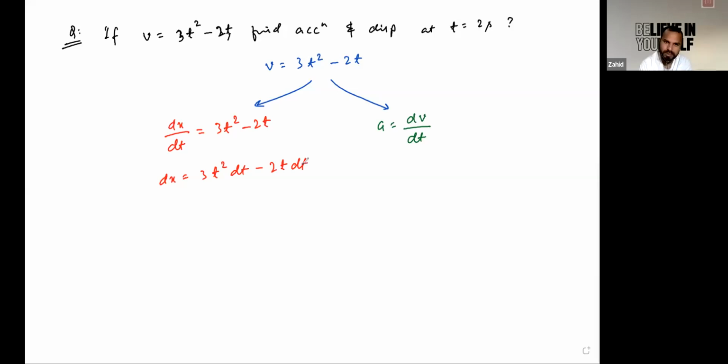Now to calculate this dx, just integrate it, you will get displacement. Since there is no function related to x here, just put x raised to 0. Now simplify these two terms, you will get acceleration as well as displacement. Is it clear?